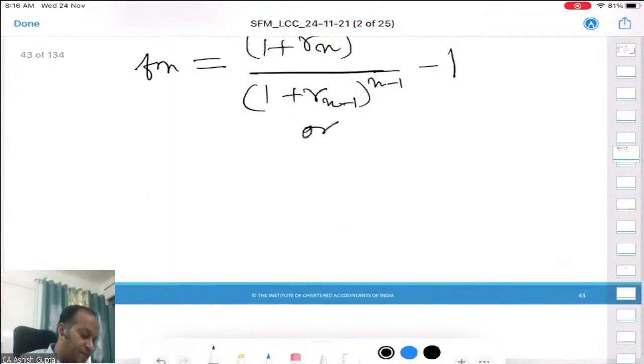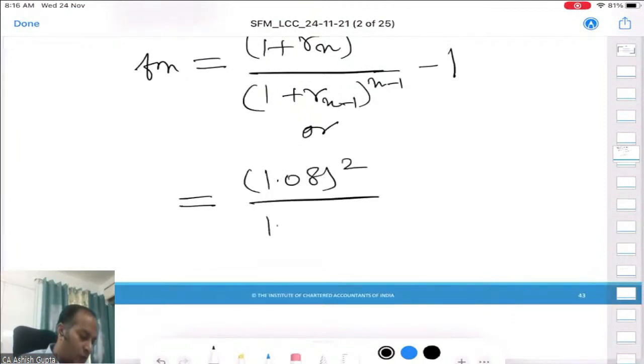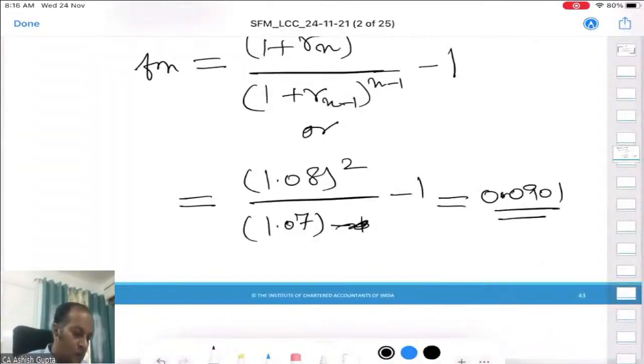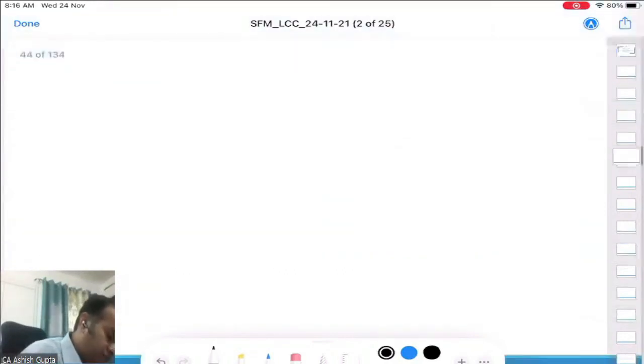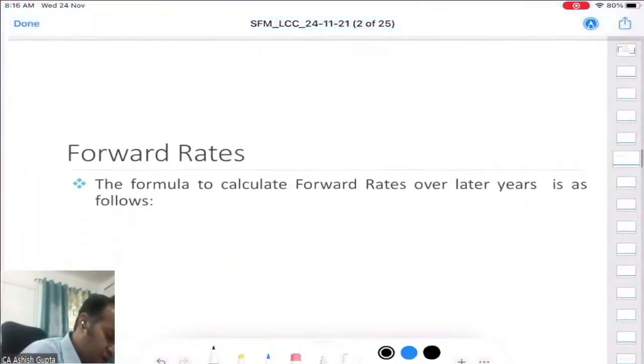Similarly, considering the same example, if I consider here, now, students, I'm just deriving from the formula here, no problem.